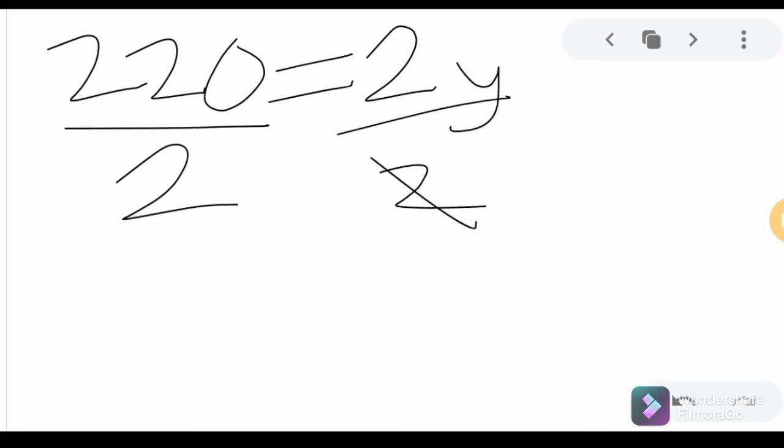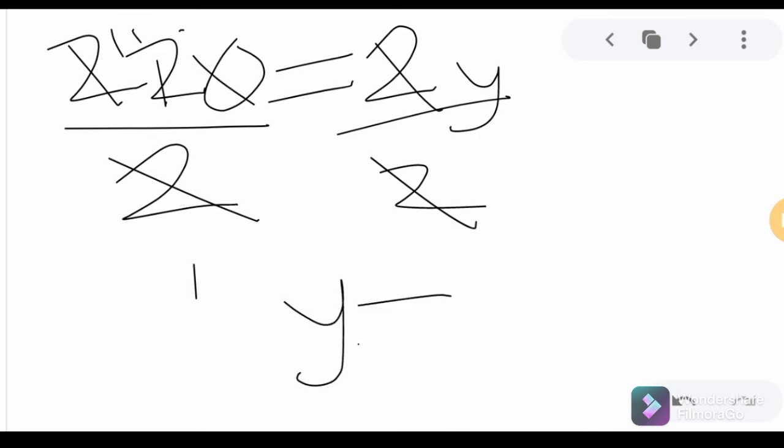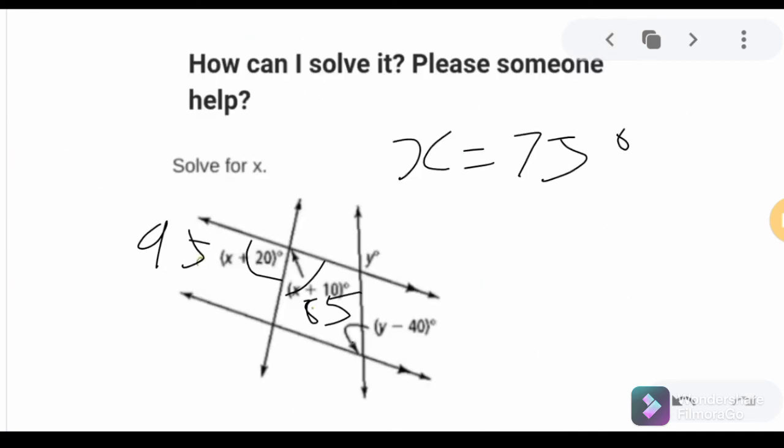We have 2 cancels 2. 2 into 2 is 1, 2 into 2 is another 1, and the 0, which means that our y is equal to 110 degrees. So we've gotten that, which means that this place here is actually 110.